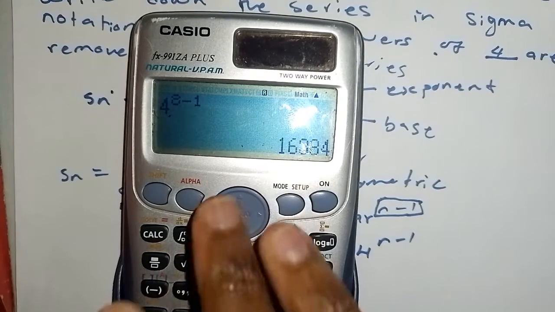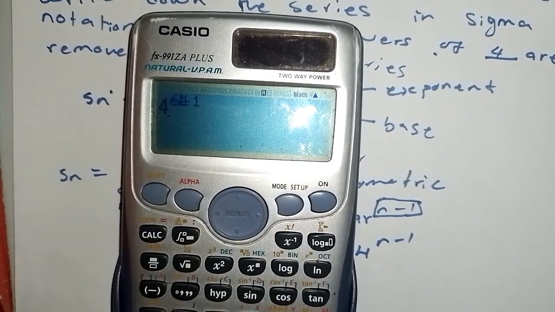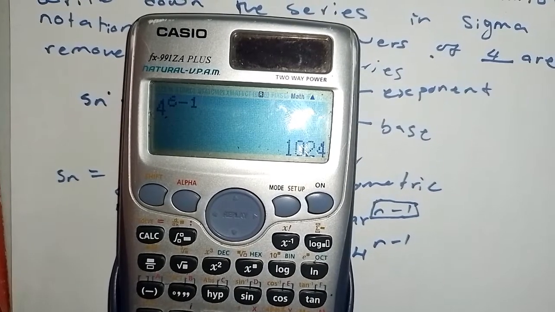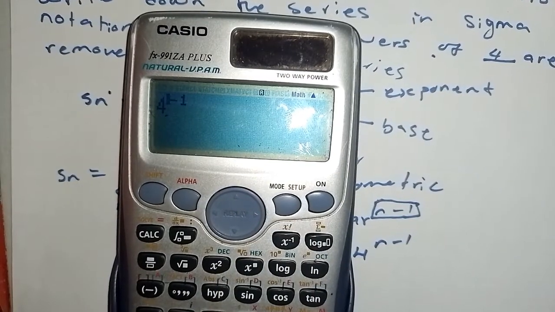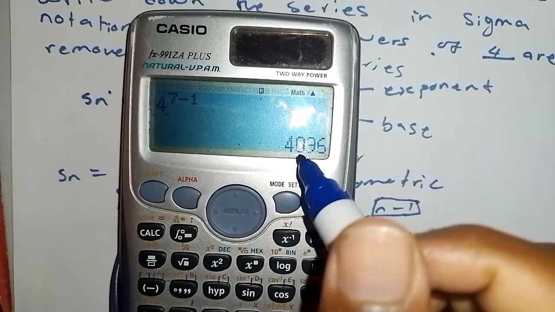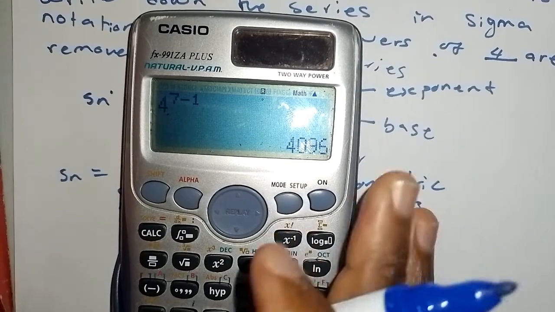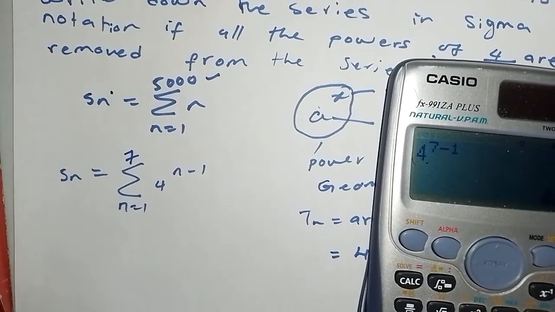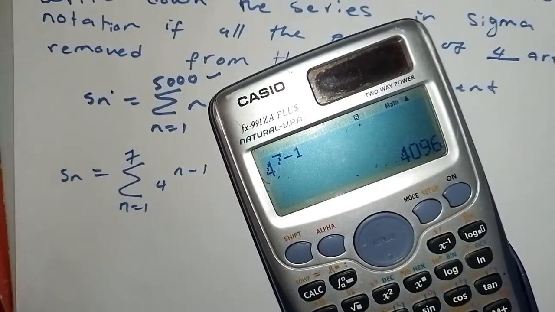Let's take maybe 6. 6 gives 1,024. It's too low. Let's see if we can take 7. Oh, okay. See, 7 is giving us 4,096. It means we can write 7 here, because it is the nearest to 5,000 if we substitute it in our equation.